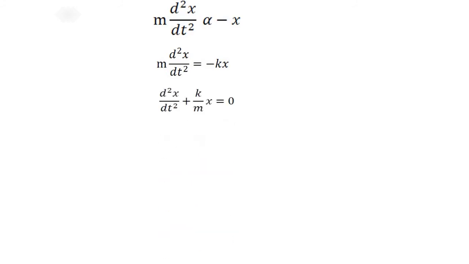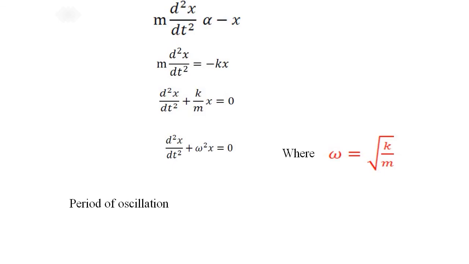So d squared x by dt squared plus k by m x equals 0. Let k by m be omega squared, where omega is known as angular frequency. So d squared x by dt squared plus omega squared x equals 0, where omega equals root of k by m. The period of oscillation is 2 pi by omega, so 2 pi by root k by m, that is 2 pi root of m by k.